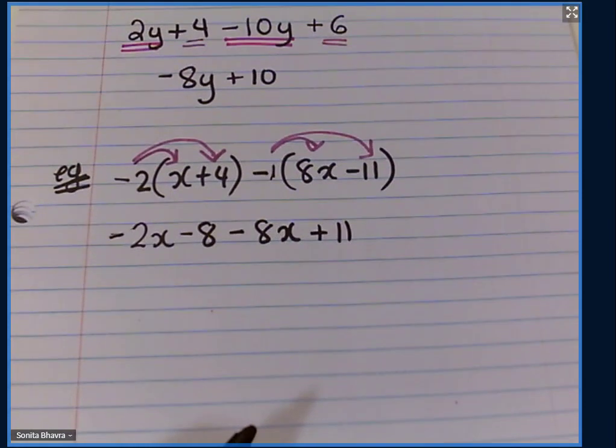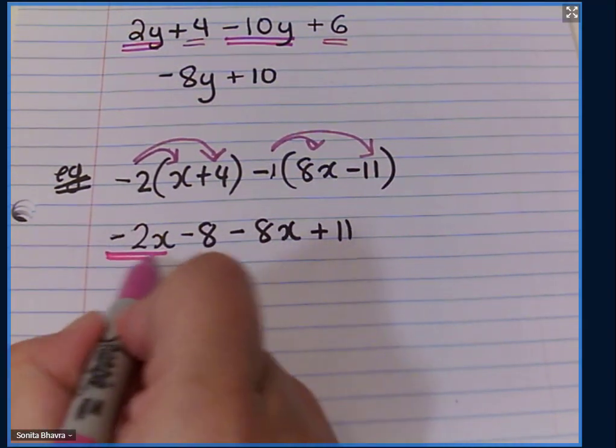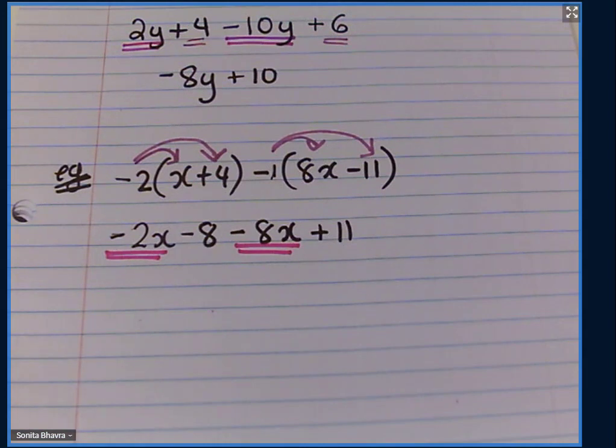All right, so once we've gotten to this stage, then we just have to collect our like terms. So we have negative 2x and negative 8x. So make sure, again, when you're working with integers, put it in your calculator as negative 2 minus 8 to get negative 10.